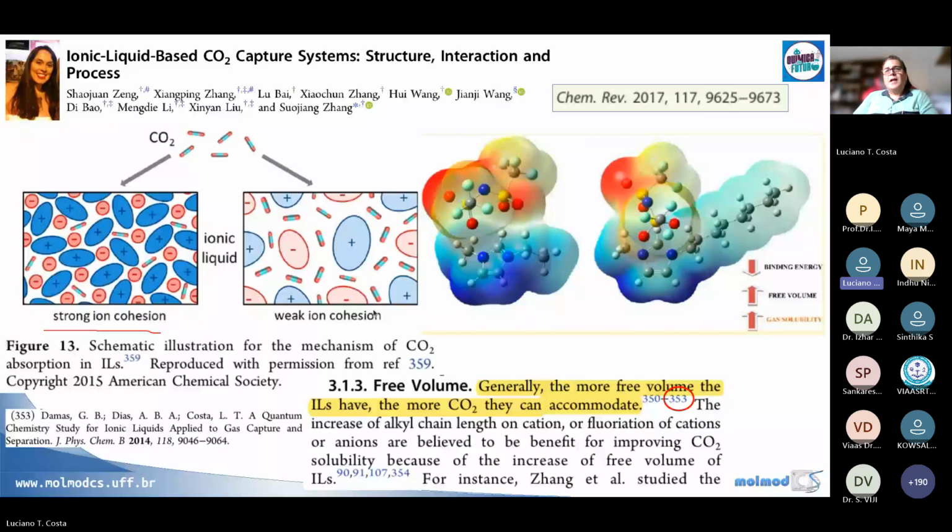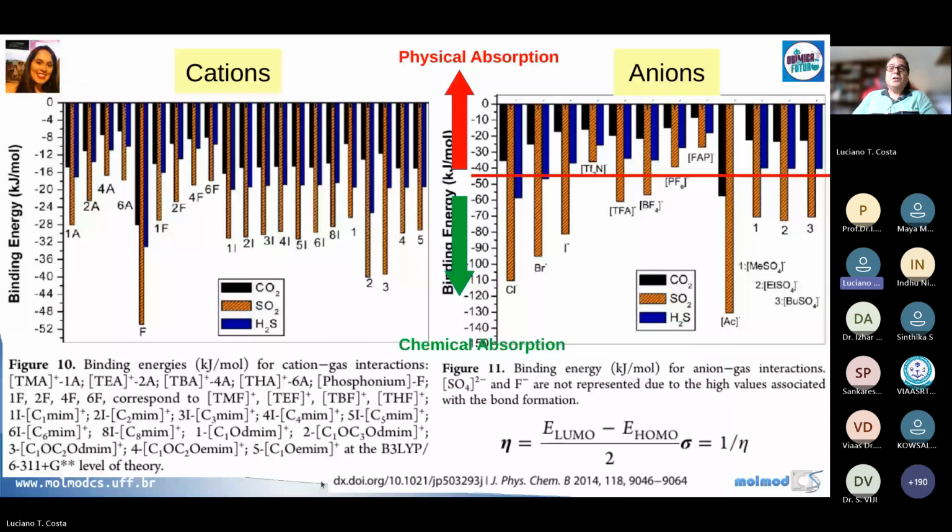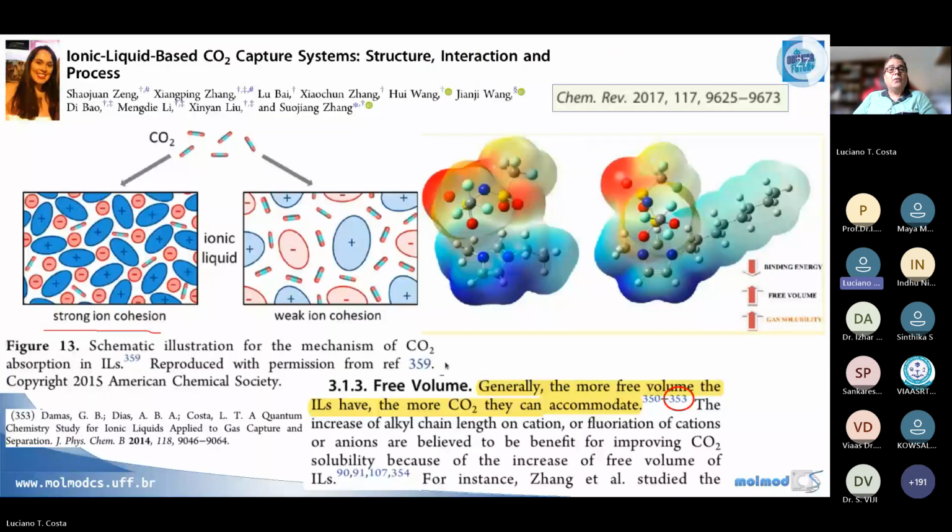So exactly, the binding energy between the ions was our main goal here in this study in 2014. They cited these important roles to play with ionic liquids.